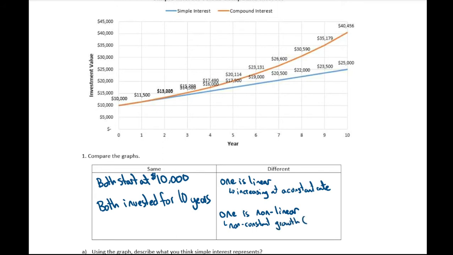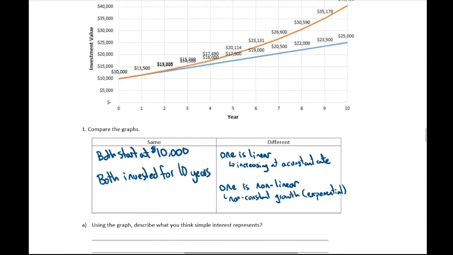If you want to get technical, you could say something called exponential. It's exponentially getting larger, which is another type of relationship. So again, that's what's the same and what's different between the two graphs or the two different investments.